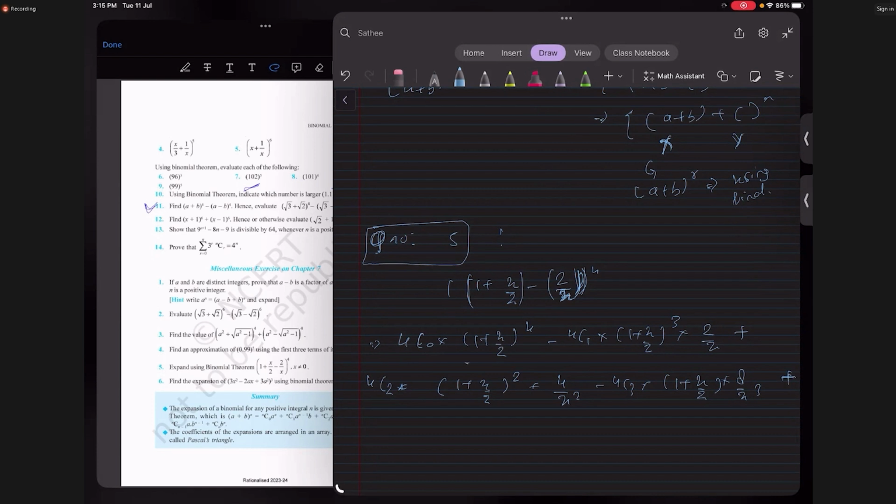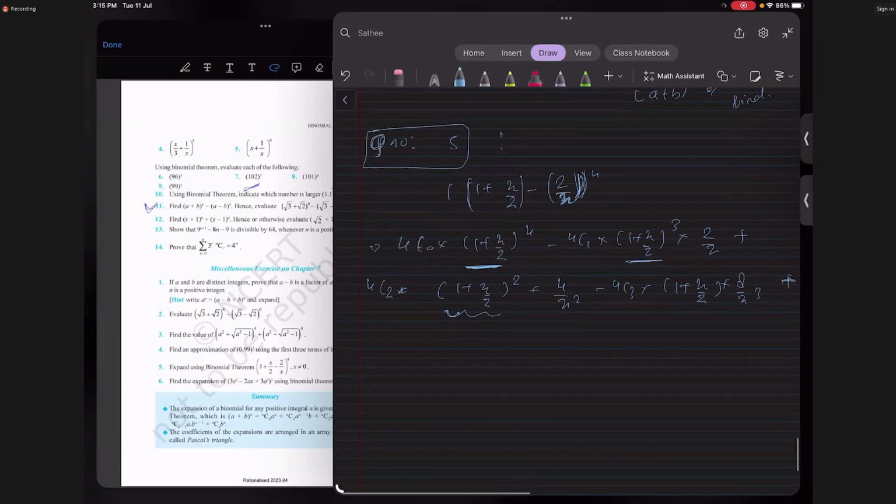Now you can expand these terms separately again, and these are like x square and single x power 1, so you can normally expand them rather than using binomial.